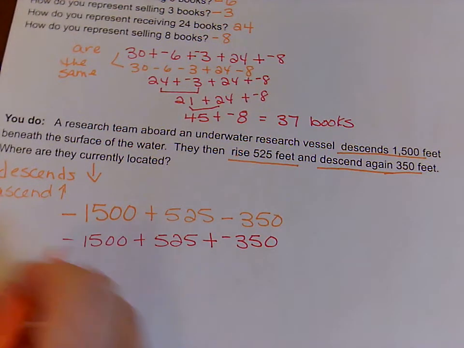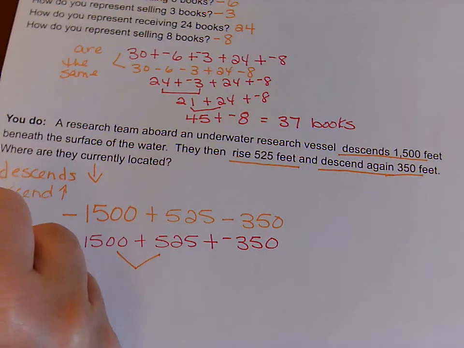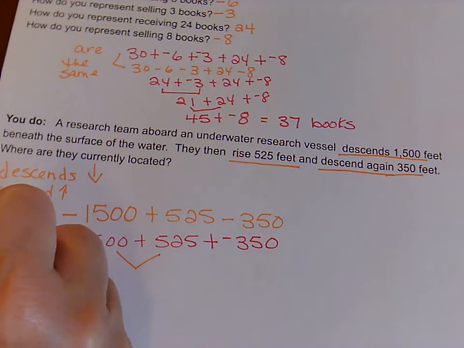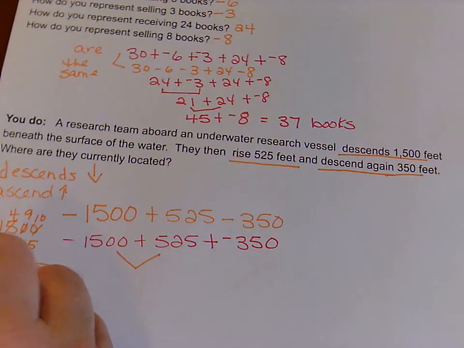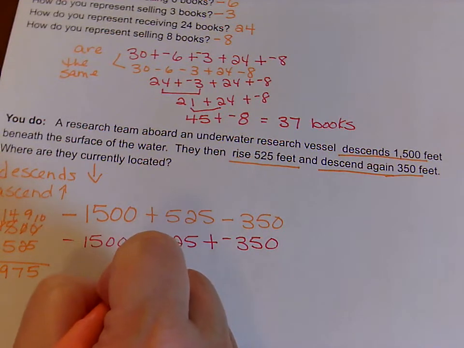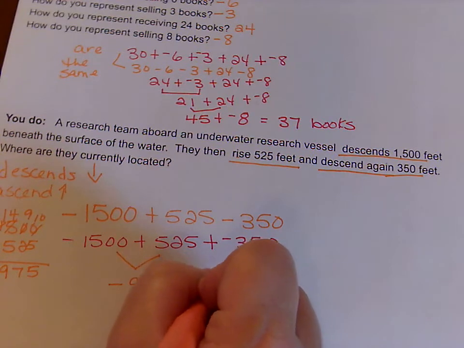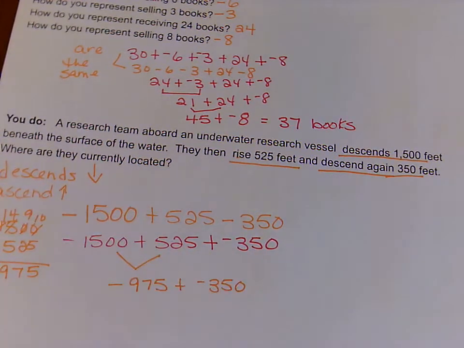So if we start here and we've got 2 different signs, a negative and a positive, we say 1500 minus 525 and do the subtraction. We get 975. So here we've got 975 plus a negative 350.